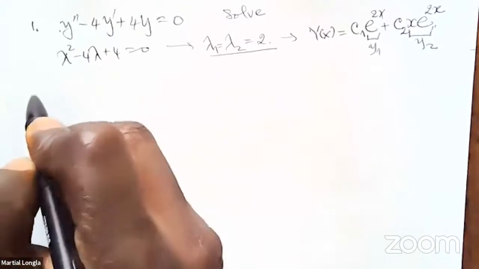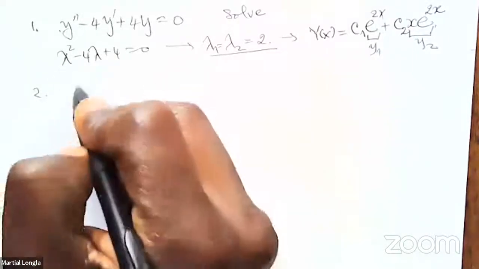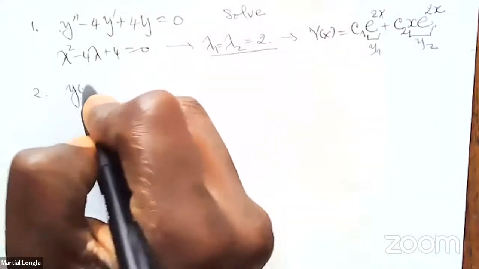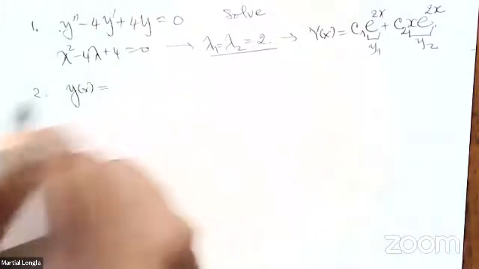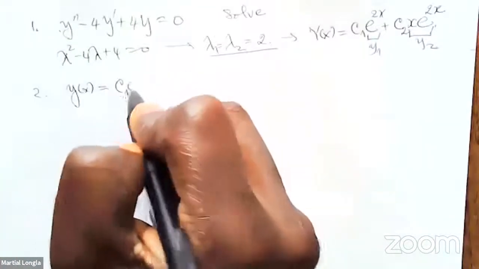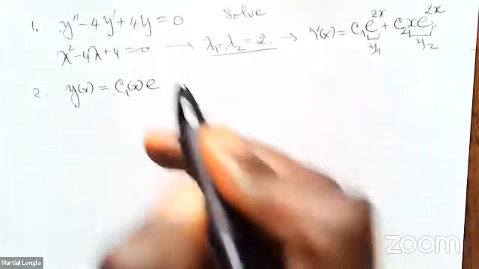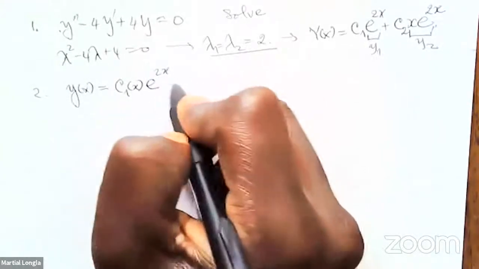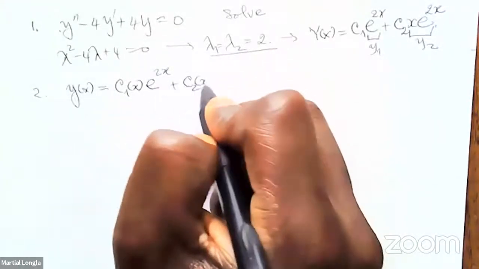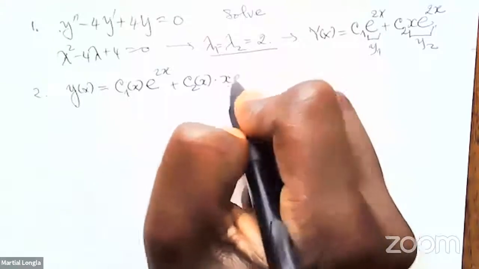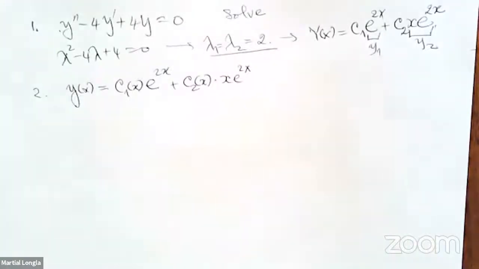Then you go to your second step. You say, I now want variation of parameters. I want y of x equals c1 of x e to the 2x plus c2 of x times x e to the 2x. So I want this.